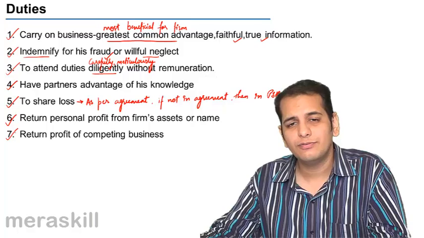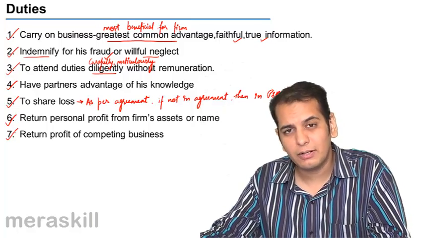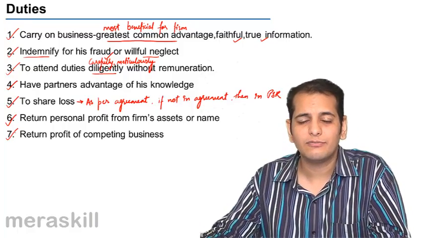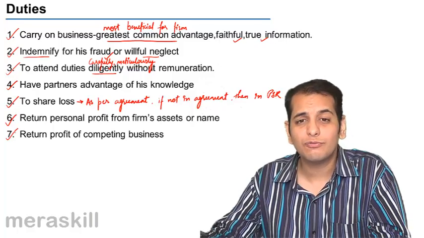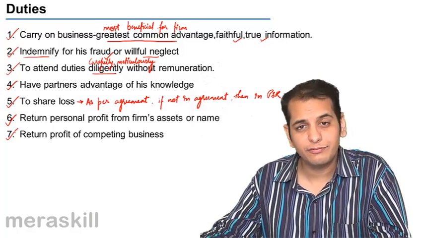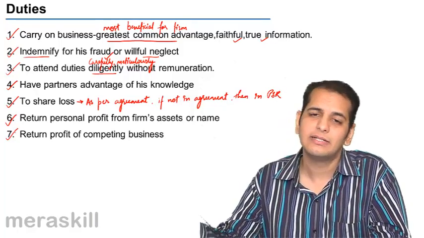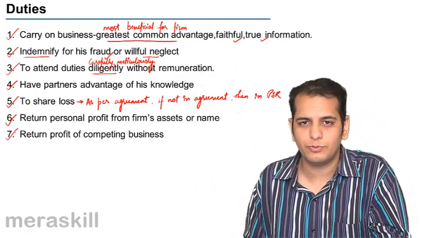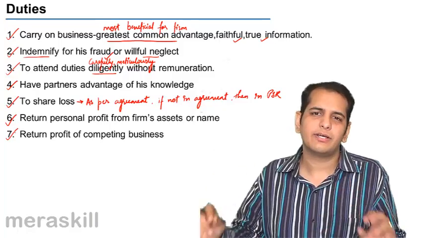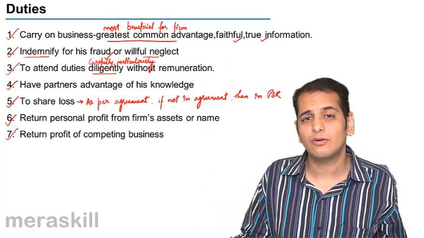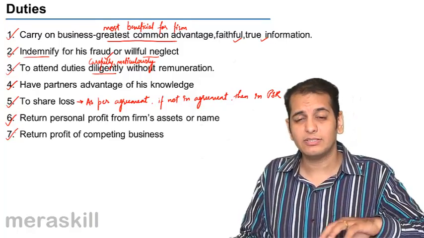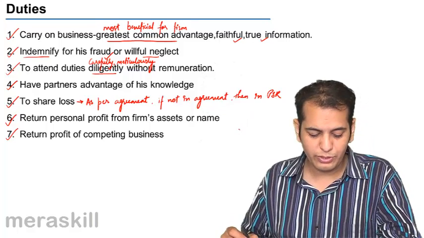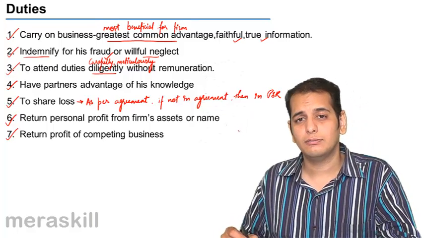Here we are saying if the partner is earning profit from a competing business, a business of the same line and nature, then he should give the credit to the firm. He should apply the profit in the firm's books and probably then get a share from it. But he cannot be doing competing business, and if he does it, all the profits belong to the firm. So these are the duties of the partners.